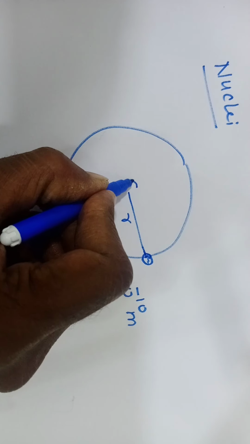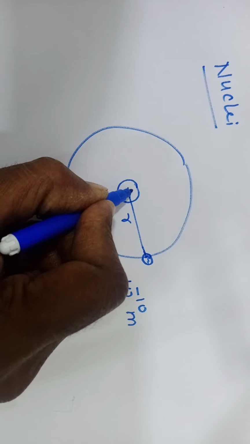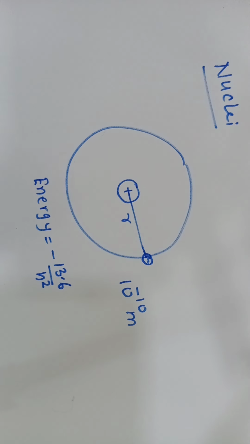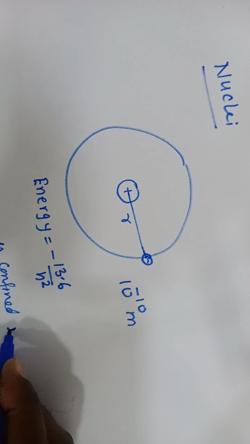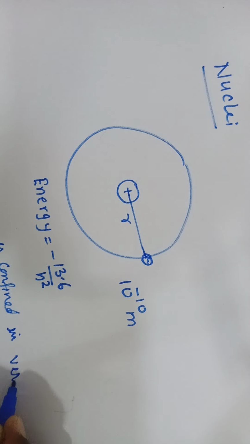Here we have one positive nucleus, and that nucleus is confined in a very small distance, that is 10 to the power minus 15 meter, and that will be equal to 1 Fermi.